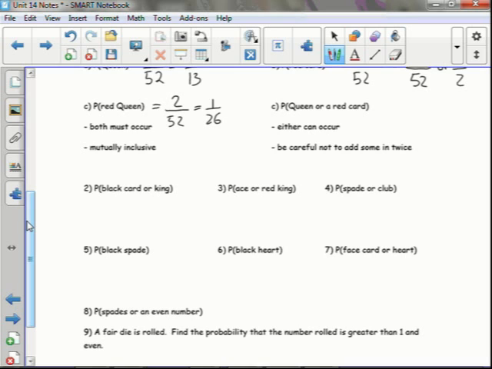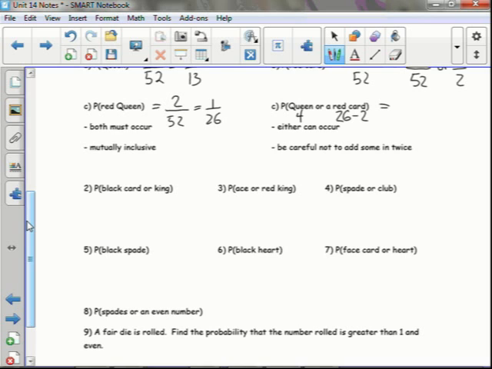But sometimes what can happen is the probability of a queen or a red card. Now, there are 4 queens, and there are how many red cards? There are 26 red cards. But we've already counted 2 of the queens here, so we have to subtract 2 from that.